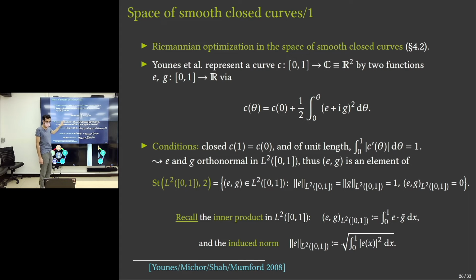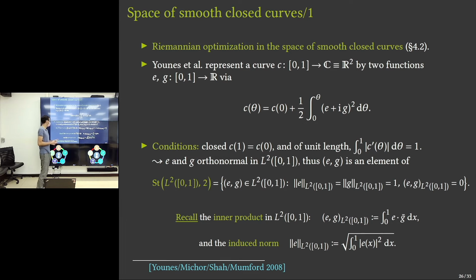We have the condition that the curve is closed, so C at the end is equal to the first one, and that it has unitary length. This is the formula for the length of the parameterized curve. These two conditions together imply that E and G are orthonormal in L2 on the unit interval.